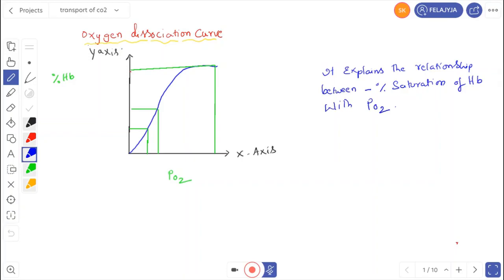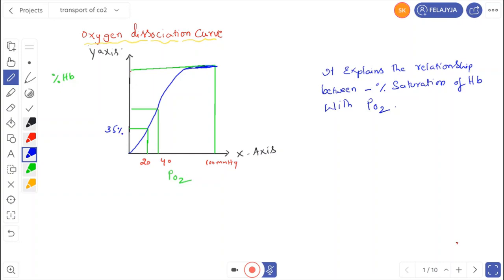So here this one is 20 mmHg, this one is 40 mmHg, this is 100 mmHg. So at 20 mmHg, how much hemoglobin is saturated?